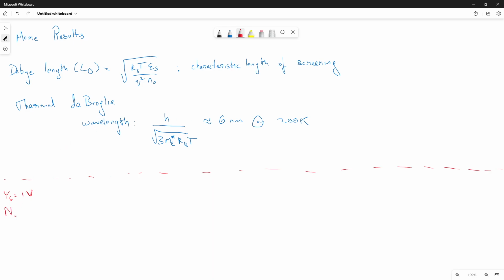Okay, and let me say Na is equal to some 10 to the power 16 per centimeter cube, and epsilon s is 12 times epsilon naught, approximately. So now, what is WD?